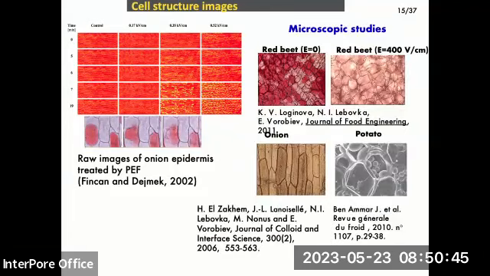Here you can see other examples of microscopic studies for the red beet tissue before and after treatment and extraction. So the colorant was extracted for the onion and potato tissue. In all cases, it seems that the structure of the tissue was nearly intact.